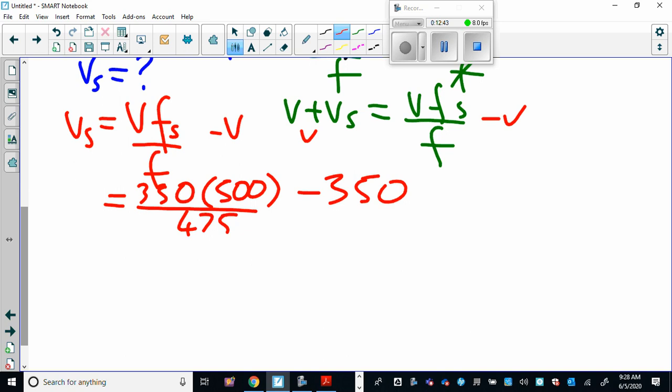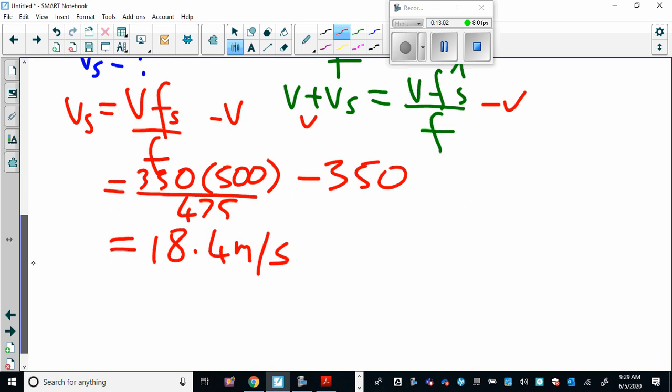So let's plug that in. 350 times 500 divided by 475 equals that, minus 350, and you get an answer of 18.4 meters per second.